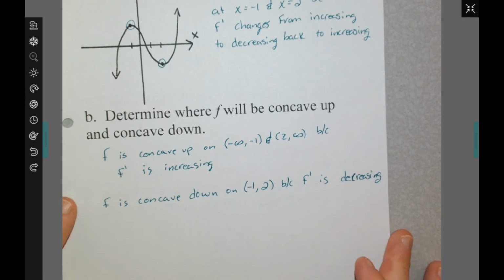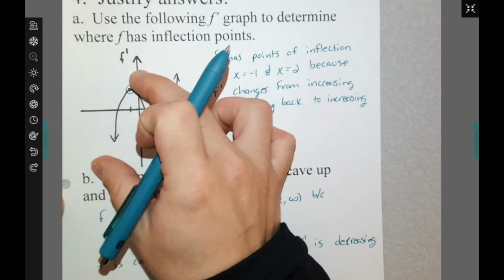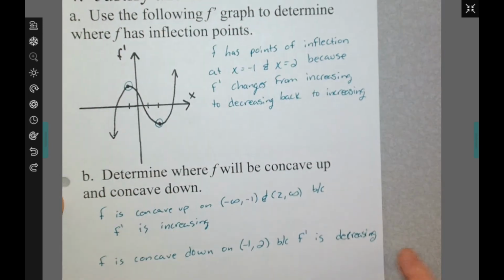Okay, so that's still kind of the easy one. You just have to remember that when the first derivative is increasing, we're concave up, and decreasing, concave down.